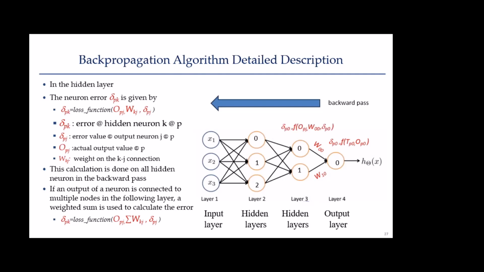So we can keep going backward and measure the error at hidden layer number 3, and calculate the error at the other nodes, and we can keep doing this backward until we figure out the error at each node in the network. And once we have done this, we can compute the gradient of the error, and we can then use gradient descent to adjust weights before we move into the following iteration. And this is how backpropagation works.